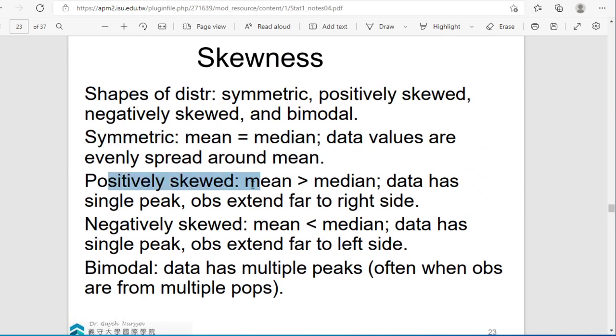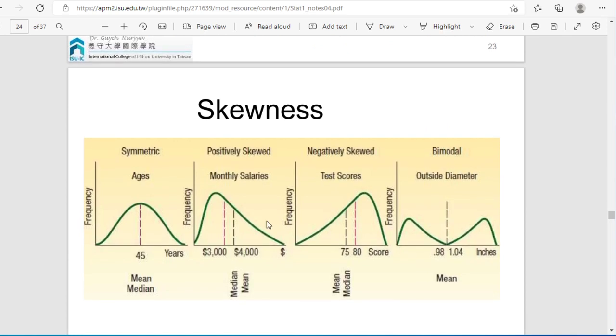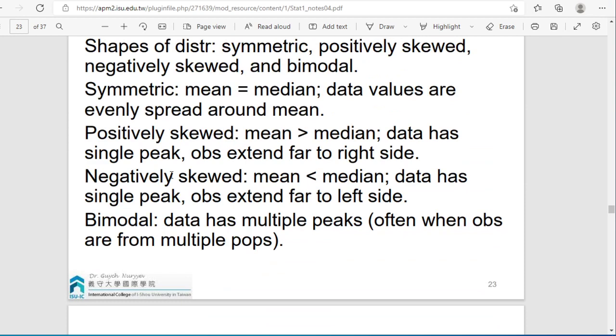And so, for example, for the positively skewed distribution, mean is greater than the median, as you see on the left side, second from the left. Mean versus median, they're not equal to each other, and mean is greater than the median. The opposite is the case for a negatively skewed distribution. And bimodal, as we said, shows two peaks in the distribution shape.